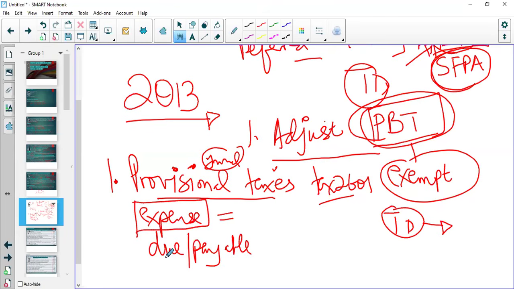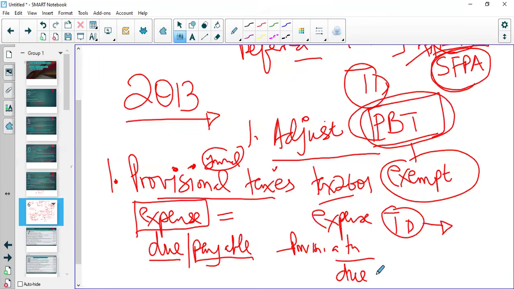They want you to calculate the due portion, the portion due, the portion payable, which is still outstanding. So you are going to say your expense here, and then you deduct your provisional taxes that were paid. Okay, and then you have your current tax due or current tax payable.